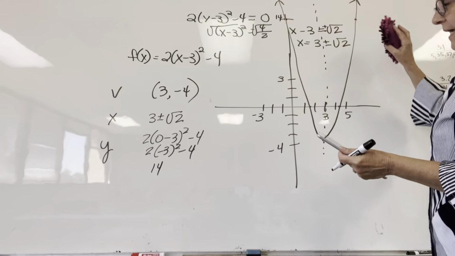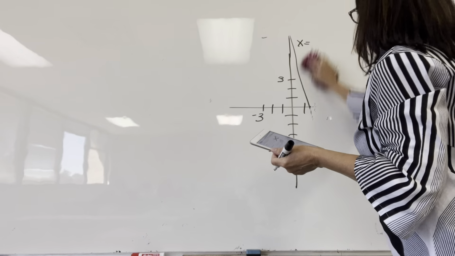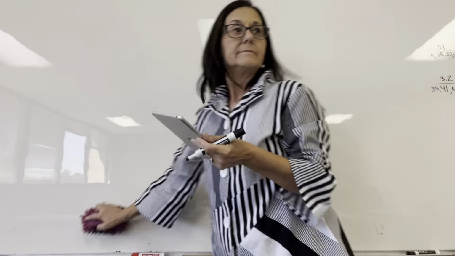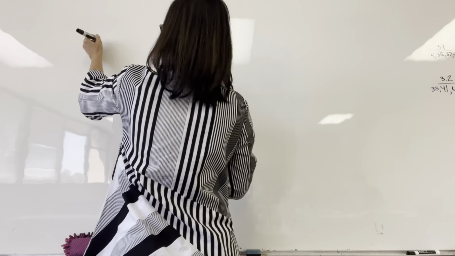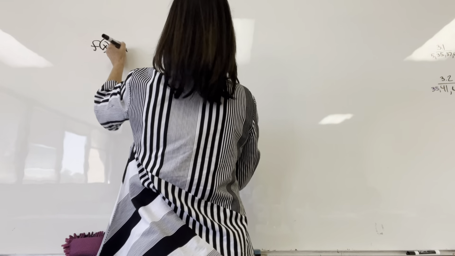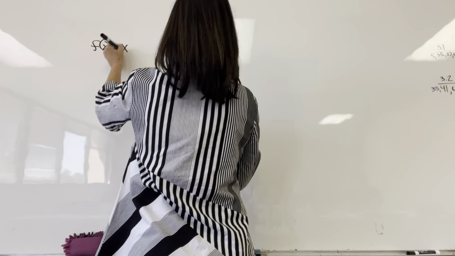Example 2 is polynomial form. All right, so we're going to use polynomial form and find the information. All right, so we have f of x equals x squared plus 2x plus 3.